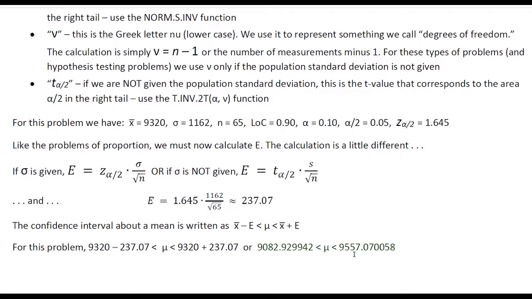If 10,000 had been in there, in other words, if this went from 9,082 to 10,150 or something like that, then we could be 90% confident that 10,000 would fall somewhere in there, and they would be correct on the spec sheet.